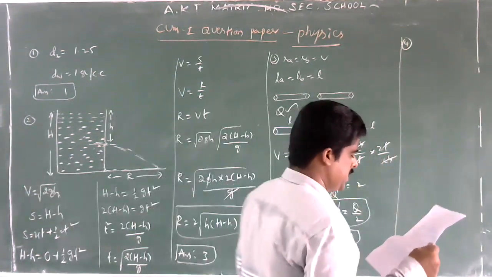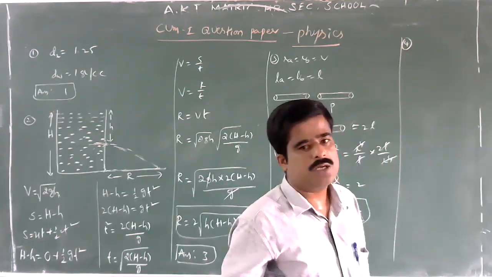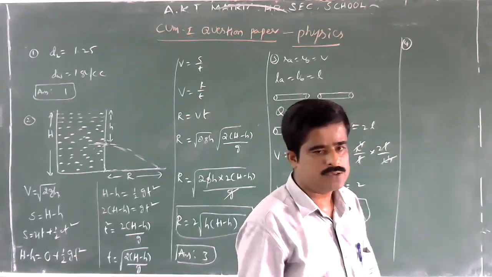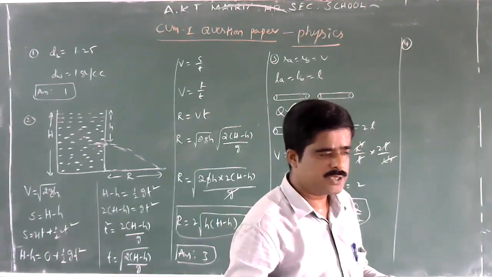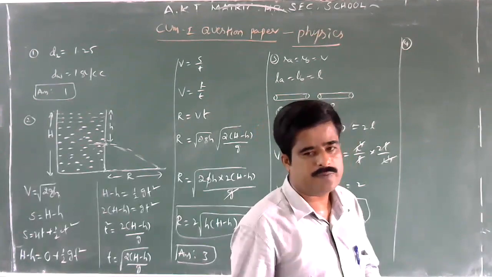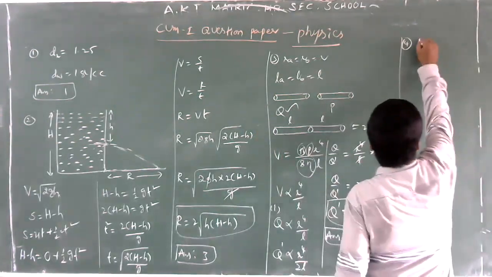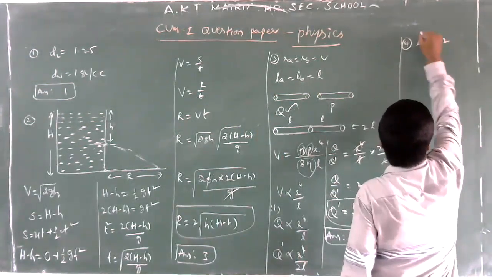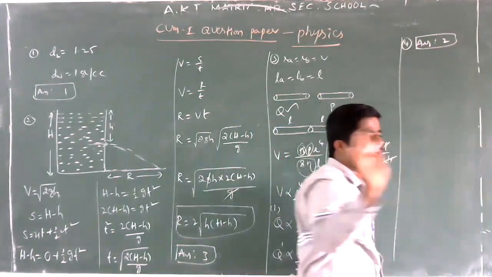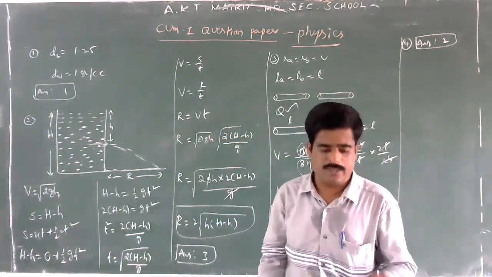Actually, the vertical height. Here, the vertical height does not depend upon the angle of inclination. So if the angle changes, it is the same. The vertical height raised by the liquid in the capillary tube remains the same. So which option is correct? The second option is correct. The answer is second. So here the vertical height does not depend upon the angle of inclination.